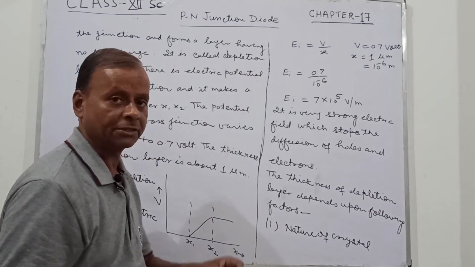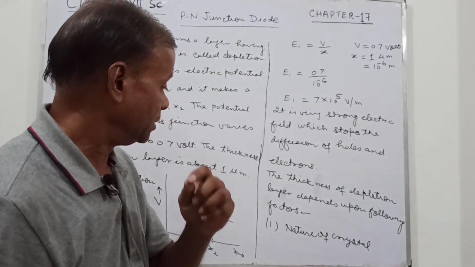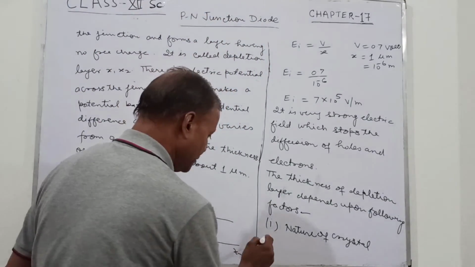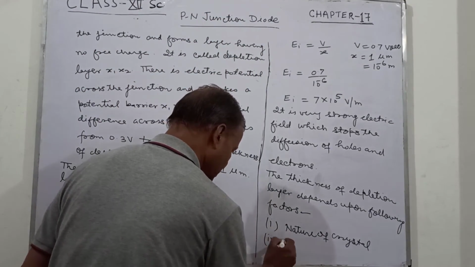Nature of crystal means whether this is germanium or silicon. Number two, temperature.